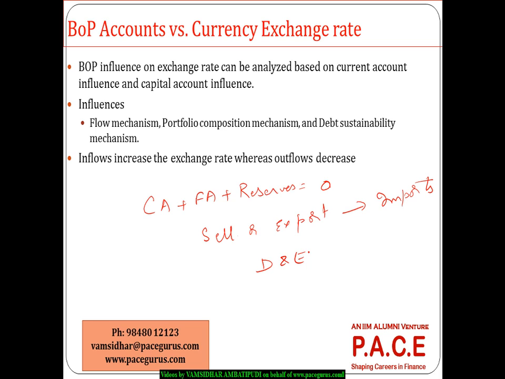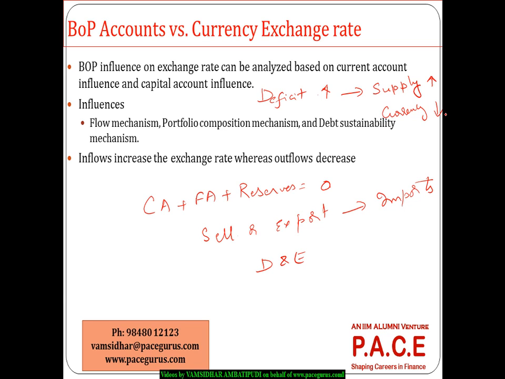The higher the deficit, we know this kind of relationship, the higher the deficit means exports are lesser than imports. So the supply of that particular currency is going to be much higher compared to the demand, and this could result in that particular currency getting depreciated or decreased in value. So that's how the exchange rate can get influenced.